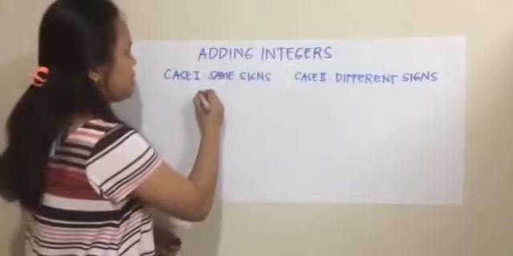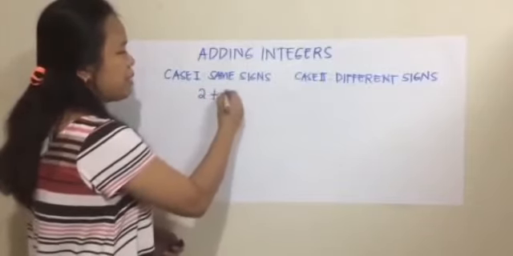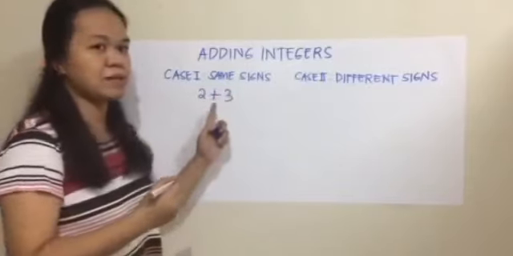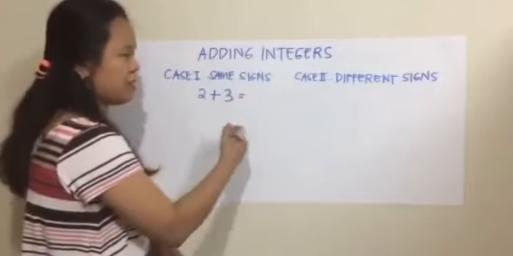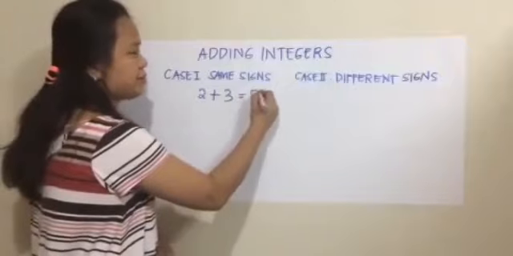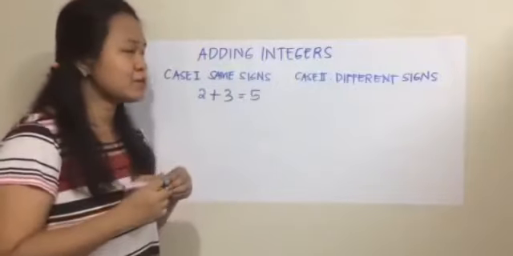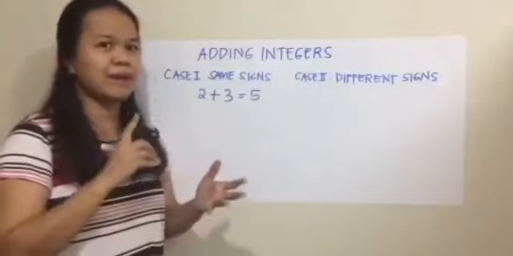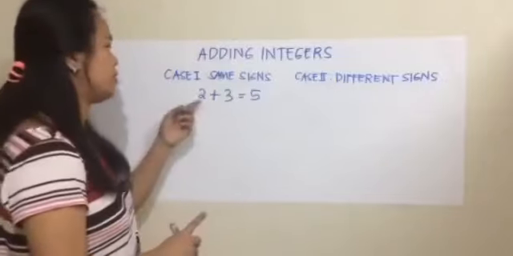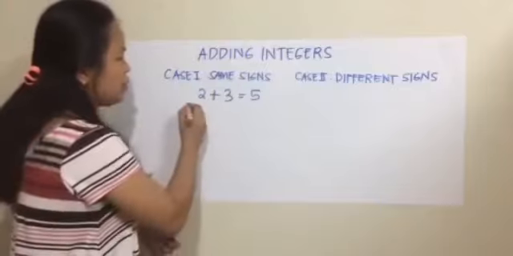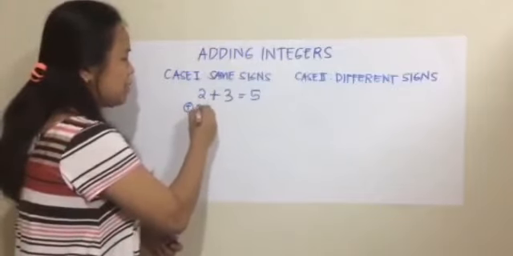Okay, let's have this for example. 2 plus 3. So positive 2 plus positive 3. I know this is very common and you know the answer already. So the answer is 5. Okay, let me illustrate this one using positive and negative chips. So positive chips for positive numbers. So for this one you have 2, so I am going to draw 2 positive chips.